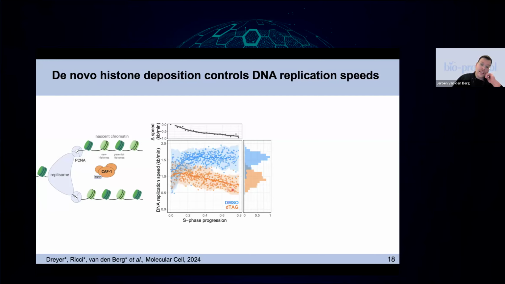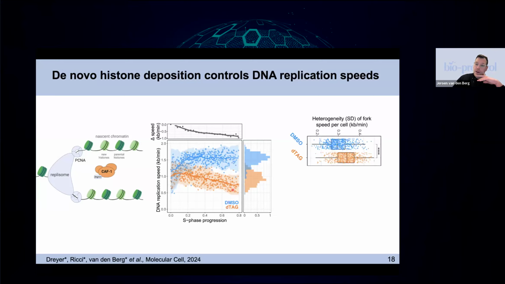And interestingly, I think much in line with our previous data on the variance, we see that the heterogeneity, so this standard deviation of the fork speeds in these single cells, seems to increase once we get rid of this CAF1 protein complex.